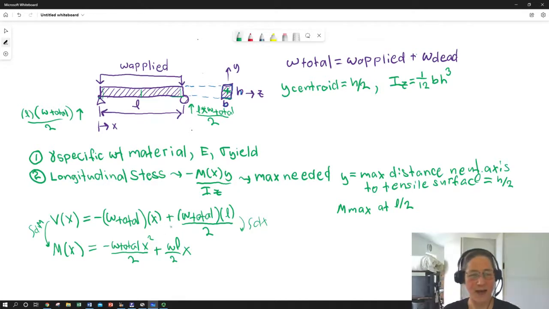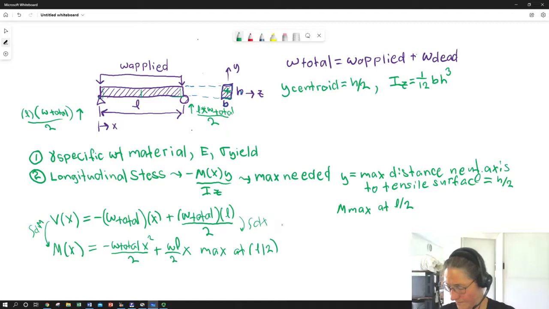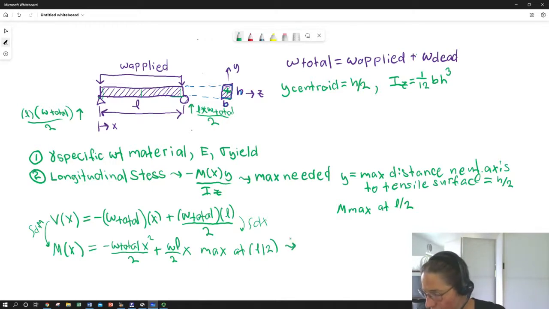That's going to be maximized basically where V is 0. V, our shear force, is the first derivative of our moment. So this is going to be max at L over 2. We just insert L over 2 to get the maximum. I don't know if I have that in my notes here.